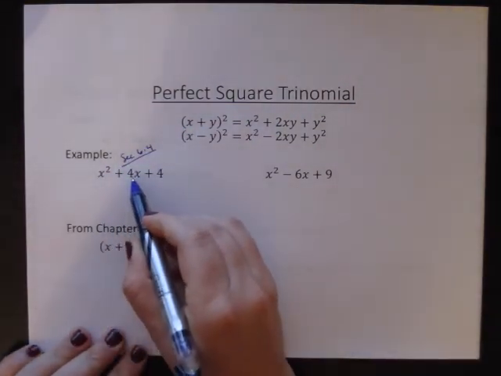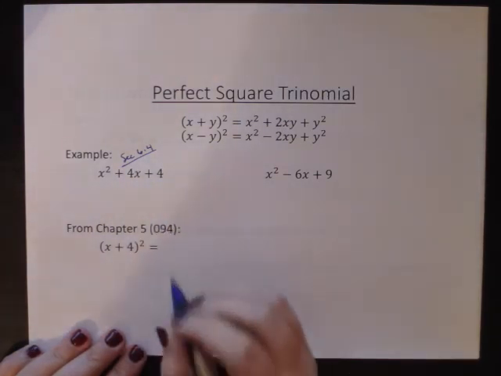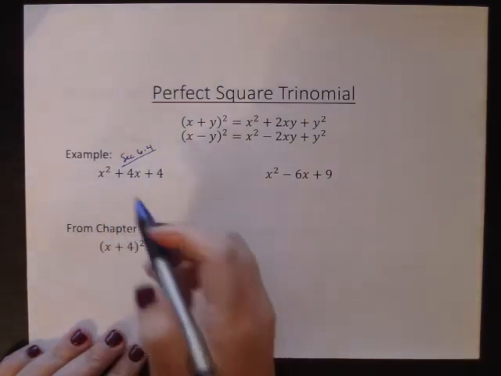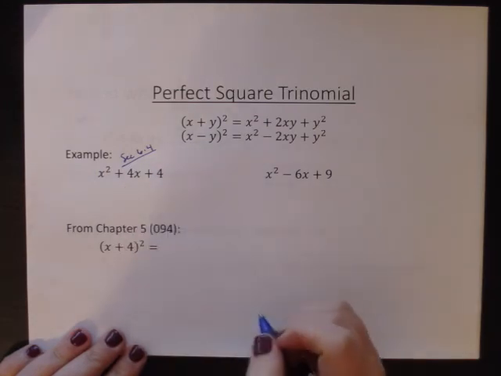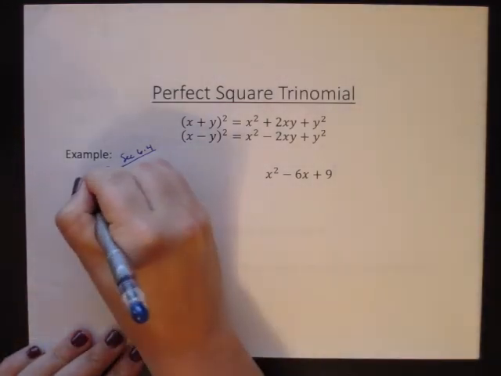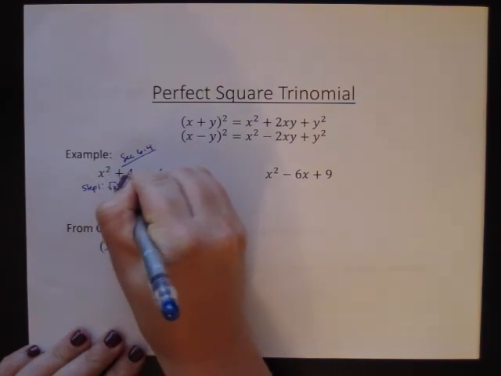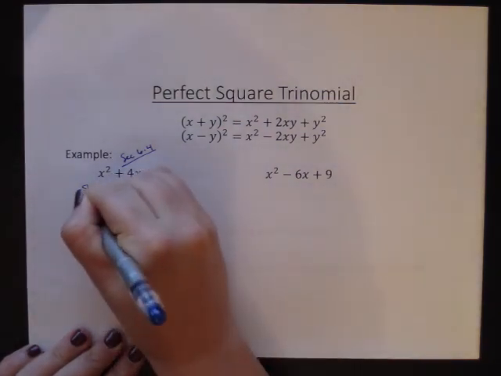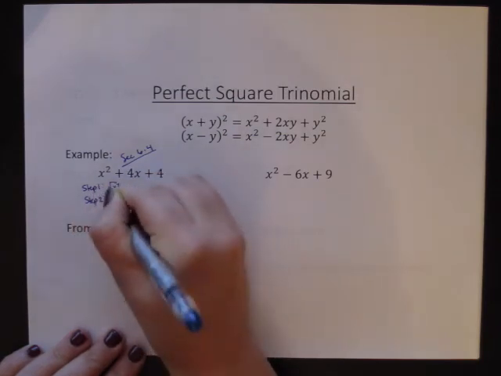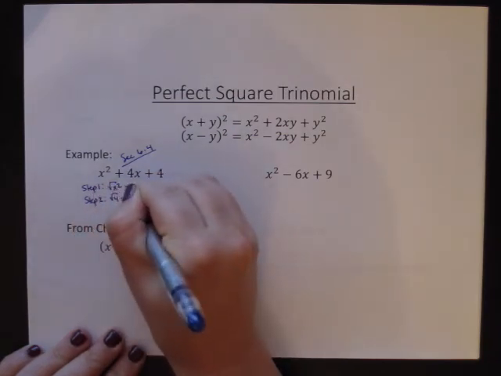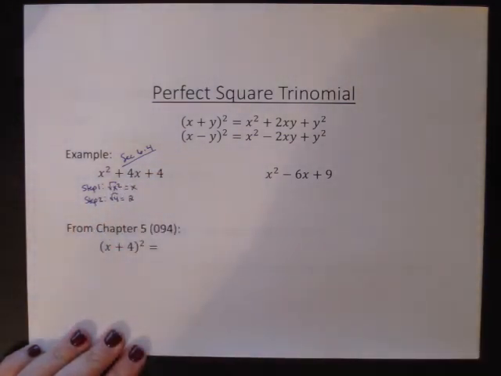So if we have x squared plus 4x plus 4, what I notice is my first and my last term are perfect squares and my middle term is even. So remember, step 1, you take the square root of x squared, so that would be x. Step 2, take the square root of the third term, which would be square root of 4, which is 2.